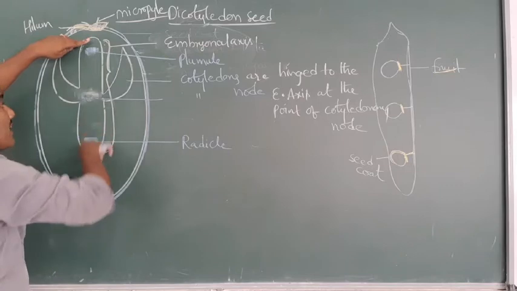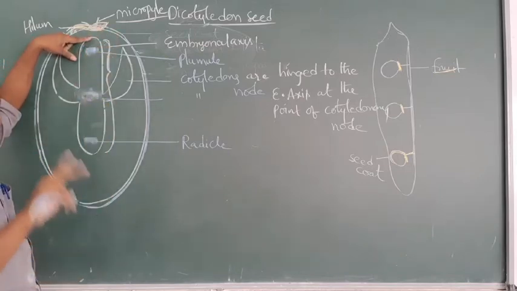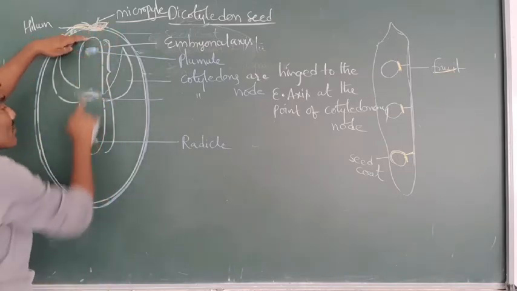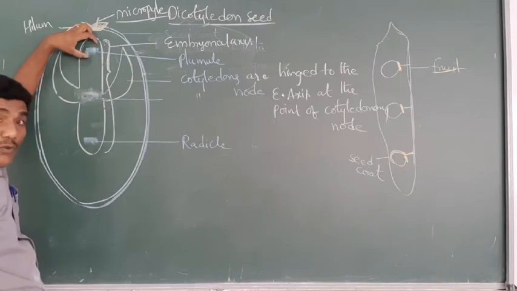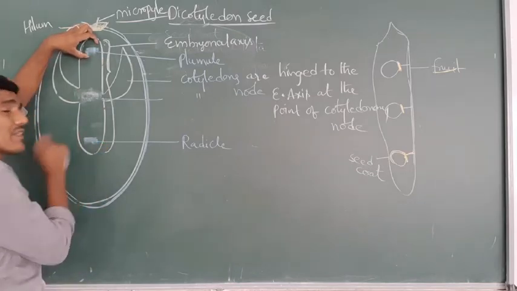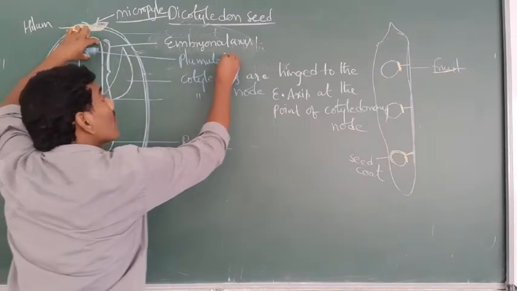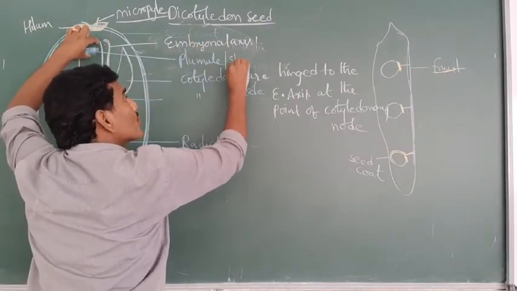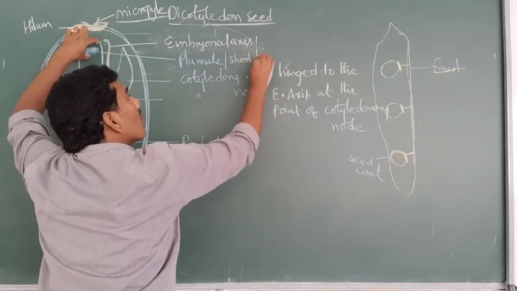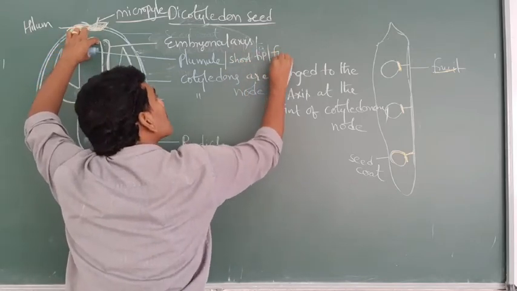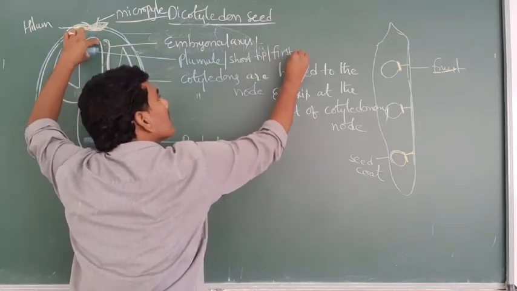This is totally the embryonal axis. At the two ends of the embryonal axis, plumule and radicle are present. This is the plumule, also known as the shoot tip or first apical bud.